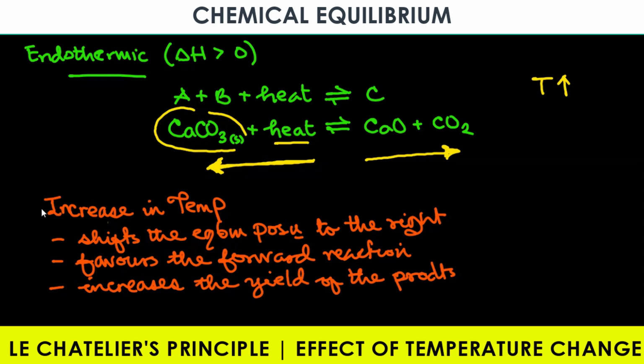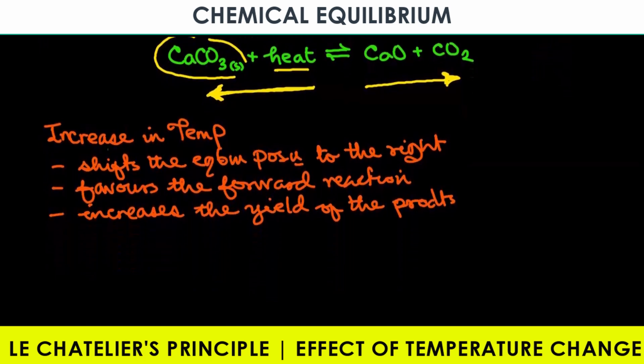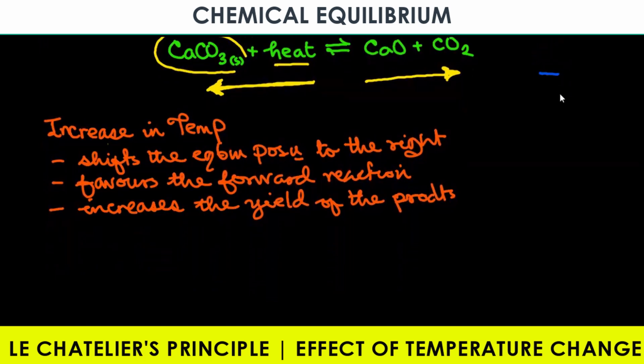Now, what will happen when we decrease the temperature of the endothermic system? So if the temperature of an endothermic system is decreased, what will happen? By decreasing the temperature, we are removing the heat, is it not? And when you remove the heat, you are increasing the content of the product.